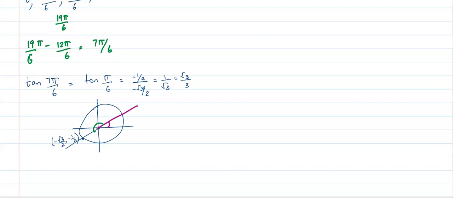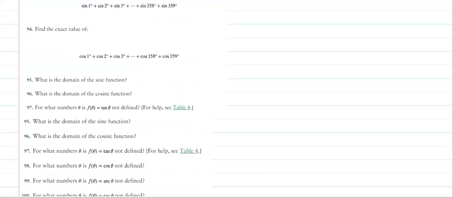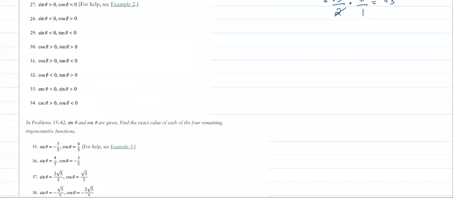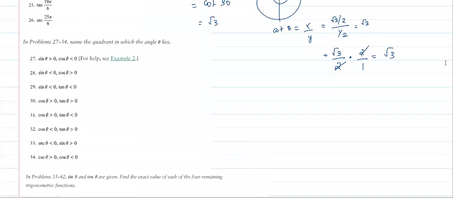Okay, now let's see the next set of questions. In the next set of questions, you are asked, in which quadrant does the angle lie? So to do that, let us draw a simple diagram here.